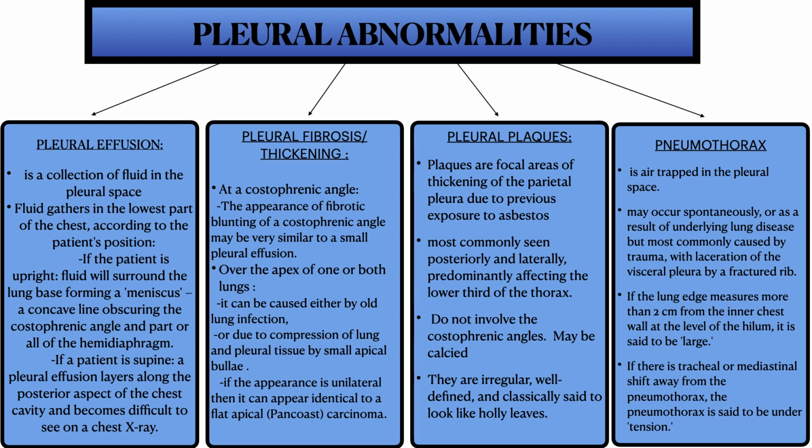And the other site is over the apex of one or both lungs. This may happen due to either old lung infection, in the case of TB, or due to compression of lung and pleural tissues by small apical bullae.